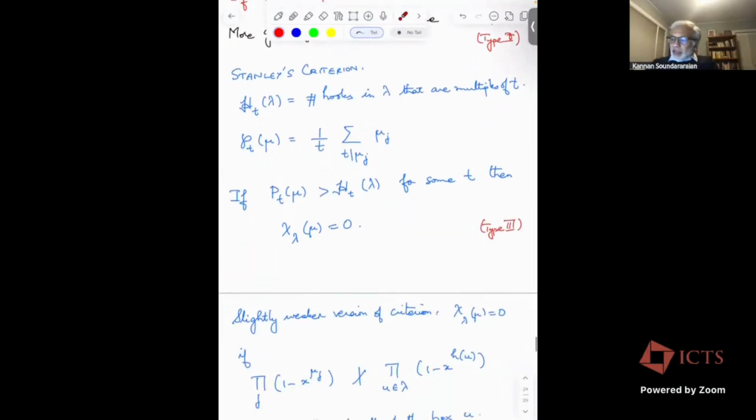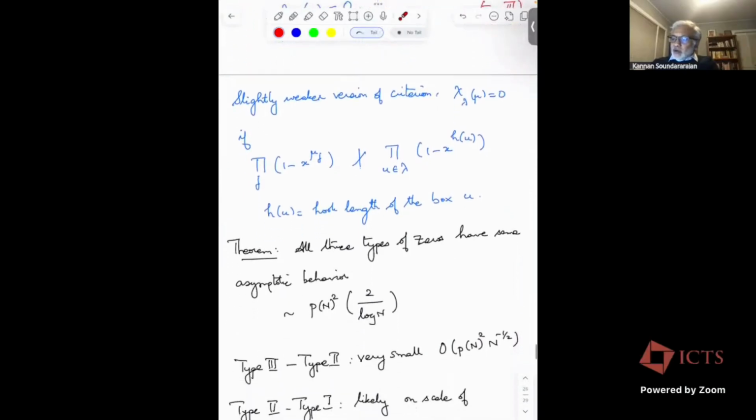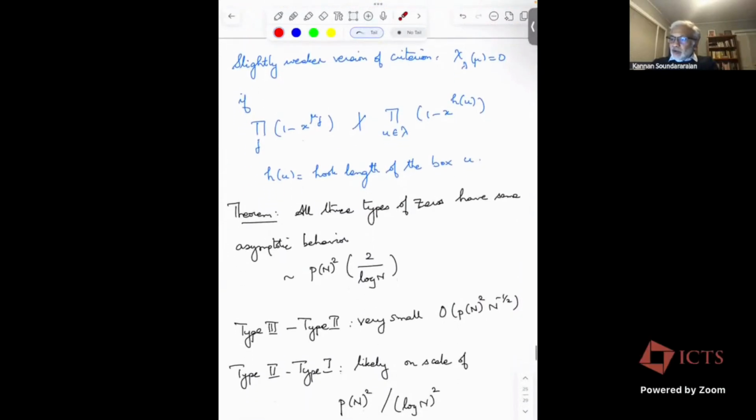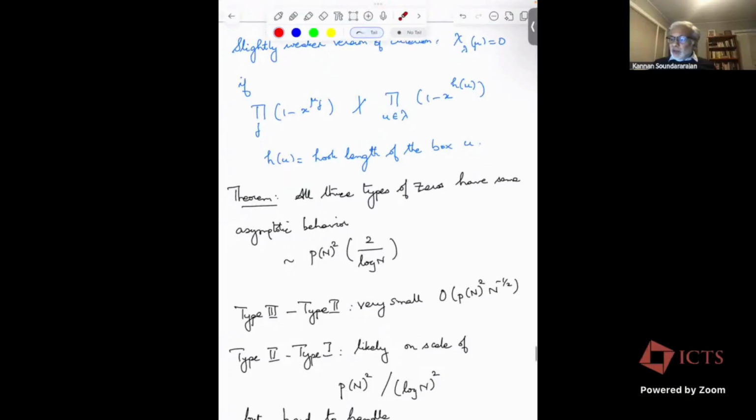The main result that we prove is that all these different criteria for finding zeros have the same asymptotic behavior, and they're of size the number of partitions squared times 2 over log n. In fact, the number of pairs of type 3 that are not of type 2, the number of those zeros is very small.